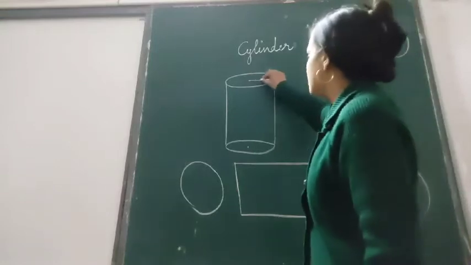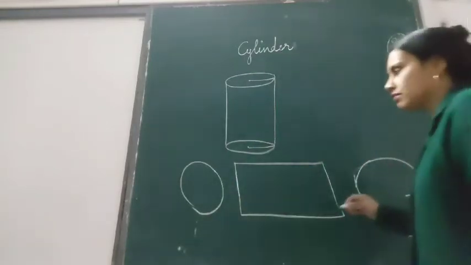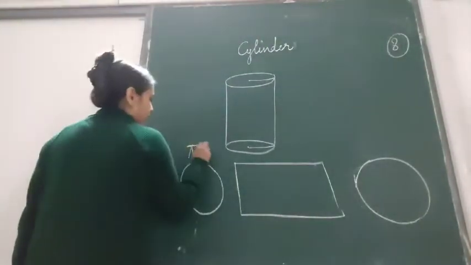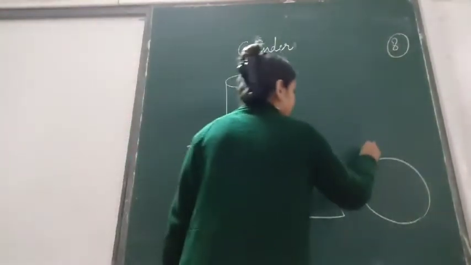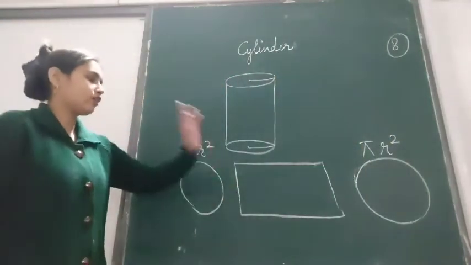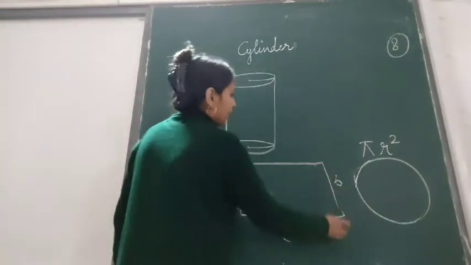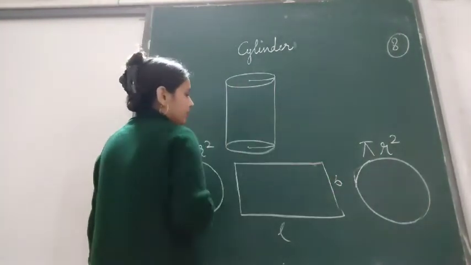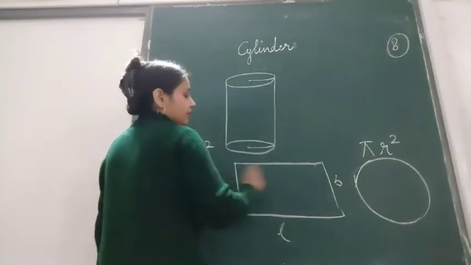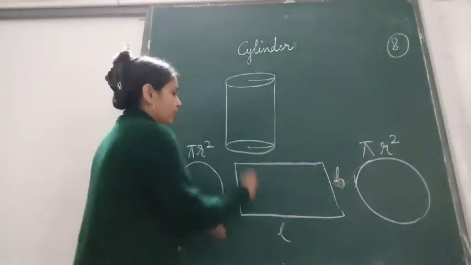Now we know the radius is here. So what is the area of these two circles? Pi r square. What is the area of this rectangle? Length into breadth. Now what is the breadth? This is the breadth, that is the height. So instead of breadth we can write height. And what is the length?